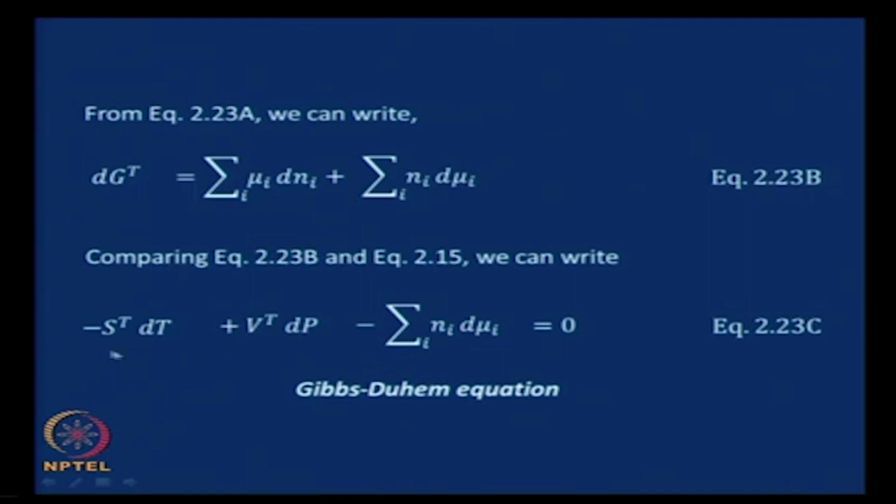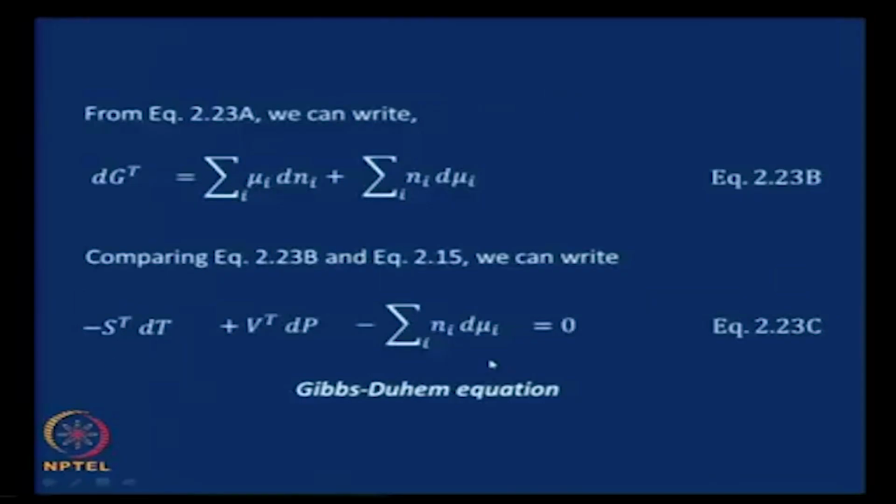Note, although while deriving this equation we had made the assumption of constancy of temperature and constancy of pressure, the final equation that we have is in terms of state variables. What does a state variable mean? Its value depends only on the state of the system and not on the path taken to reach the two states. A constant temperature process or a constant pressure process are all paths between the same two states, and therefore whatever had been the path, this final equation here is valid for all conditions because it is in terms of the state variables.